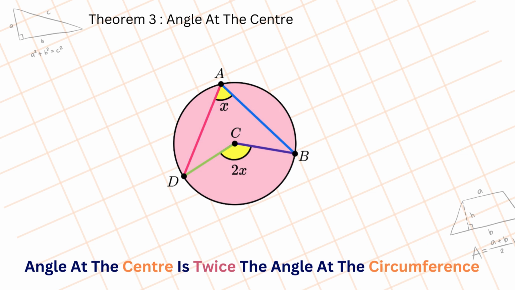This theorem states that angle C will always be twice angle A. A key point to remember here is that this theorem only stands true if both the angle formed at the circumference and the angle formed at the center are formed by the same arc.